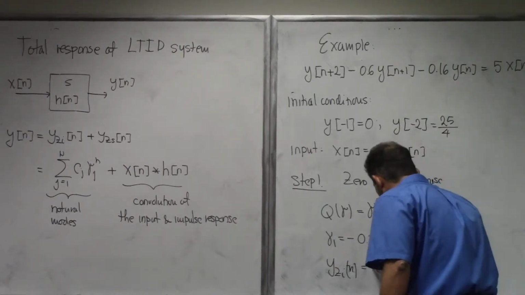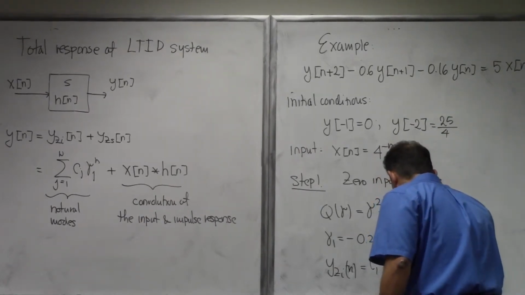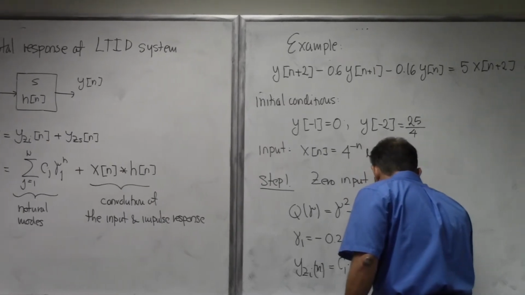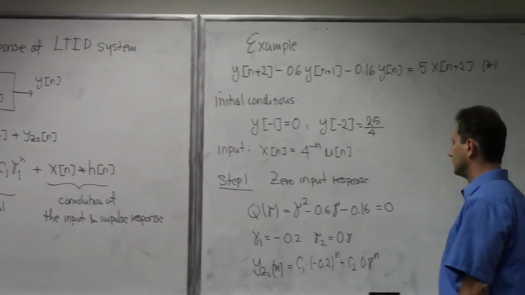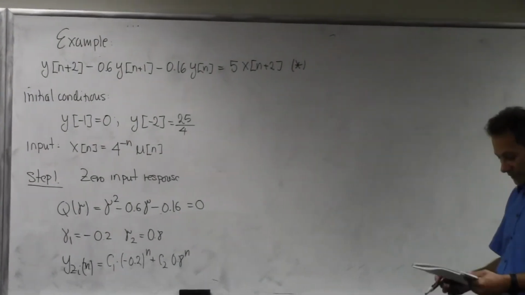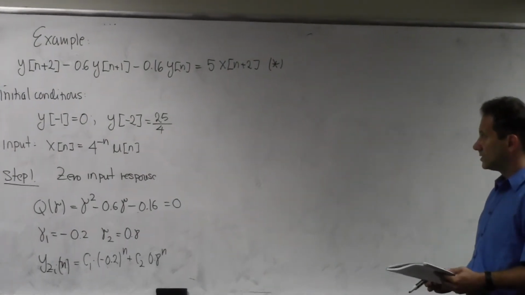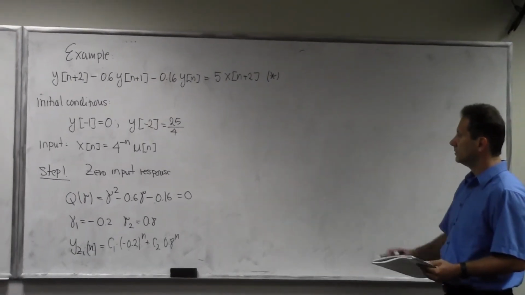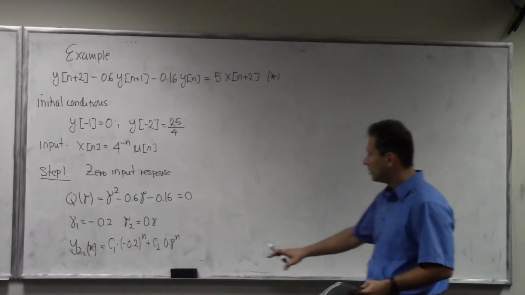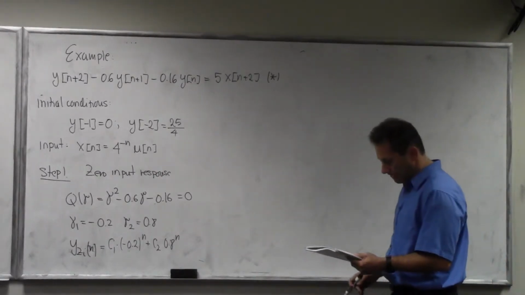So it's going to be C1 times (minus 0.2) to the n plus C2 times (0.8) to the n. So that's the general form of the zero input response of this system.